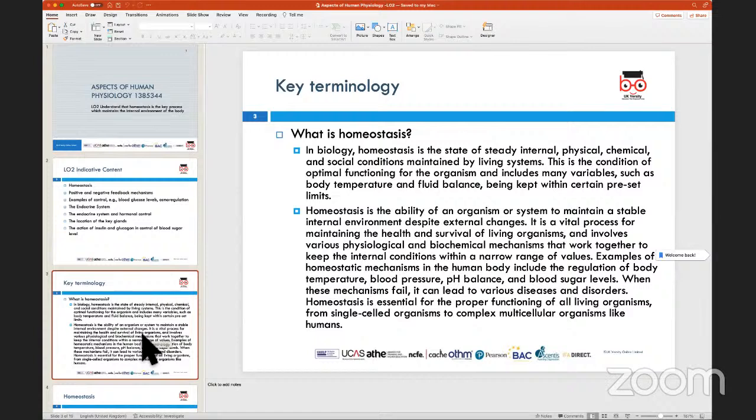It is the ability of the organism or the system to maintain a stable internal environment despite changes happening in the external environment. Now, this is vital and very fundamental to a human being or an organism surviving the harshness of changes in the external environment. Give you a simple example.